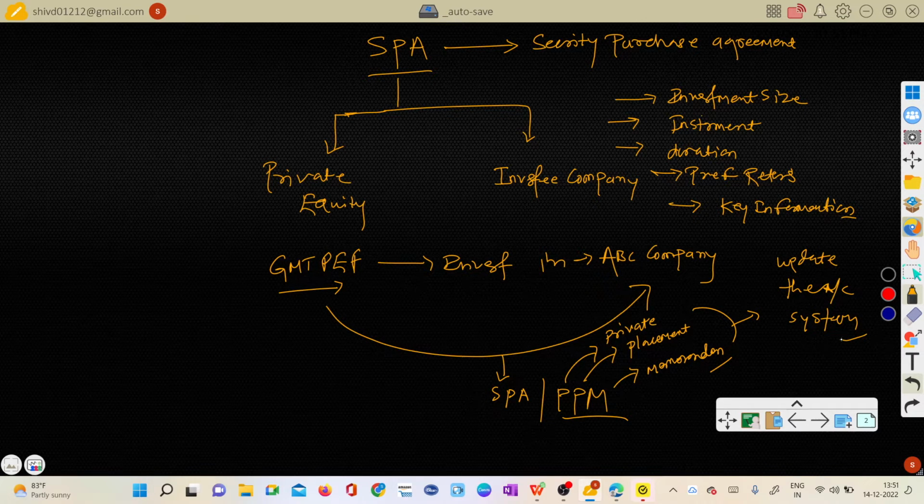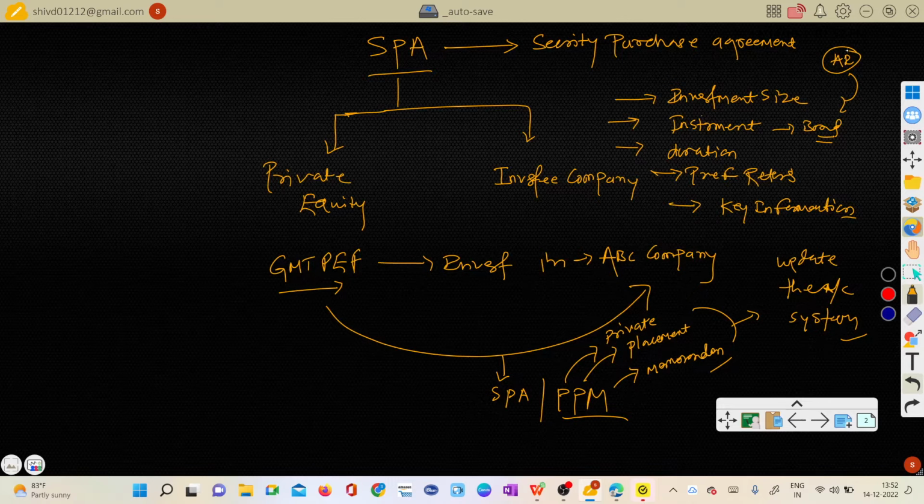If we want to calculate the accrued interest, let's say for the instrument bond that GMT private equity fund has invested in ABC company: when we say bond, you would see accrued interest, right? When we say preference equity, then you would see dividend. When we say loans, you would see again accrued interest payment.